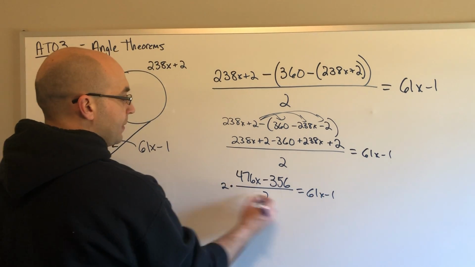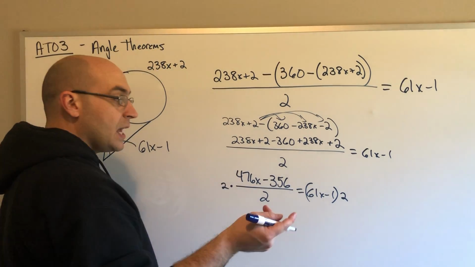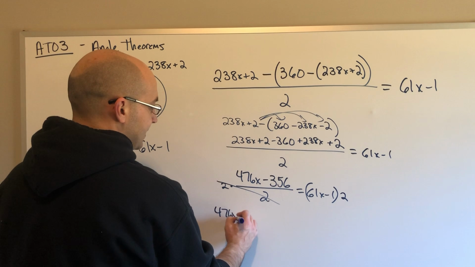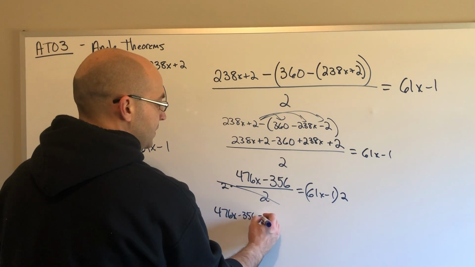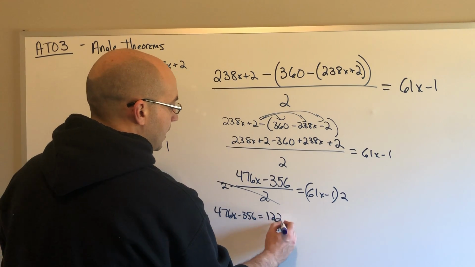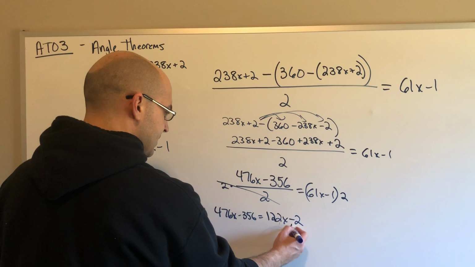Now I can get rid of the denominator by multiplying by the denominator on both sides. But remember, when I multiply on both sides and I have a binomial, I have to distribute. So I'll have 476x minus 356 equals 122x minus 2. Now I can solve this equation. Let's make it easy and add 2 to both sides.